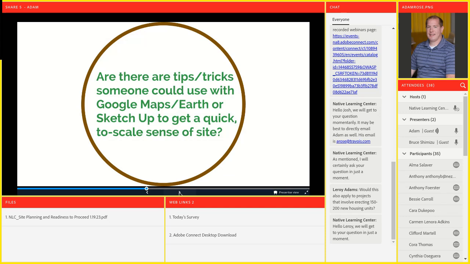Tohono O'odham in Arizona is another good example, Pascua Yaqui, where they're thinking about a larger effort like that, maybe 100 units or 150 units over the next 10-year period. How do we do those in manageable chunks that are proportional to the scale and capacity of the housing authority and of the contractor as well?